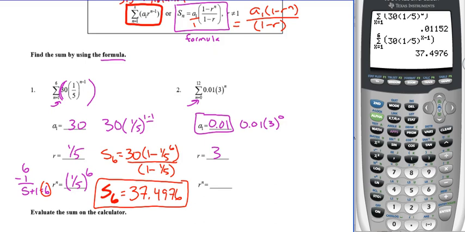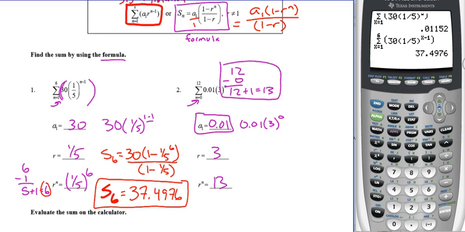Now remember it's 12 minus 0 plus 1. That's 13. So I have 13 terms that I'm adding here. 0, 1, 2, 3, 4, 5, 6, 7, 8, 9, 10, 11, and 12. That's 13 numbers. So make sure that you do this little formula like I asked you to.